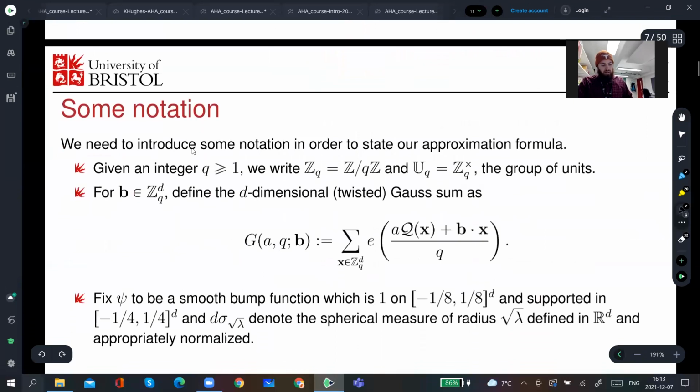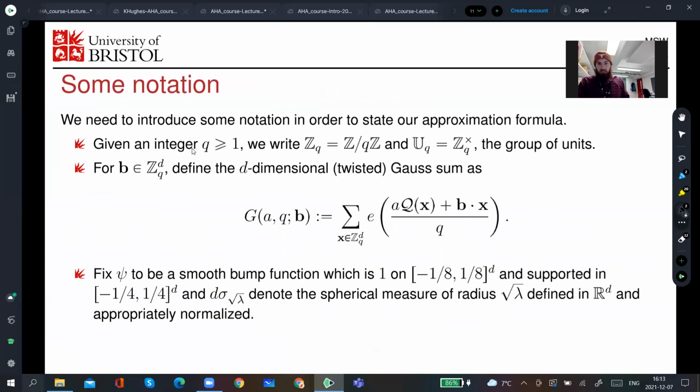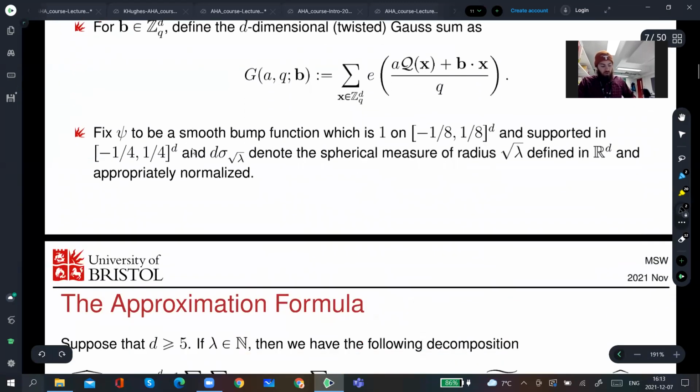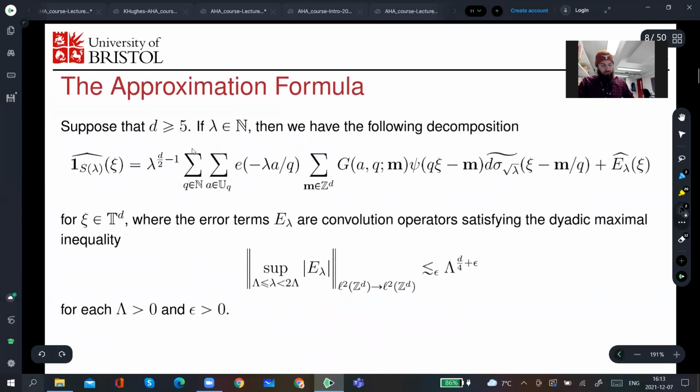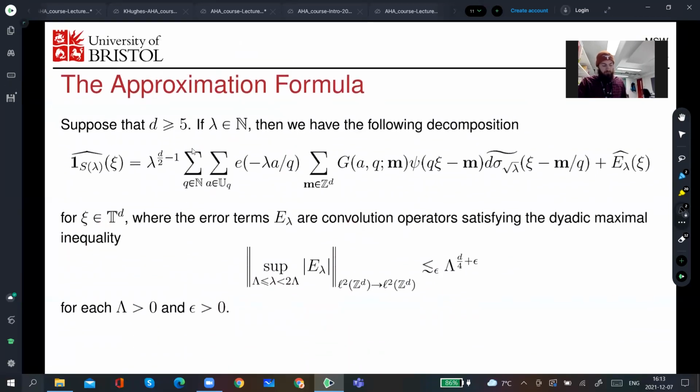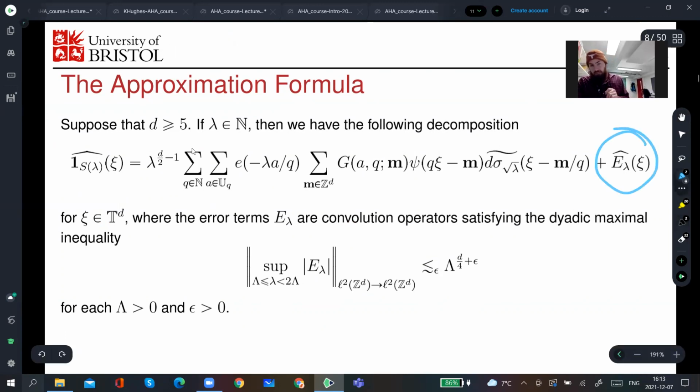Once we had defined our Gauss sums, and we fixed our smooth bump function, we were able to show the following approximation formula. It says that the Fourier transform of the indicator function of the set of points on the sphere of radius square root lambda centered at the origin has the following asymptotic formula. Up to some error term, E of lambda, it takes the following shape, where we have a Gauss sum coming into play.